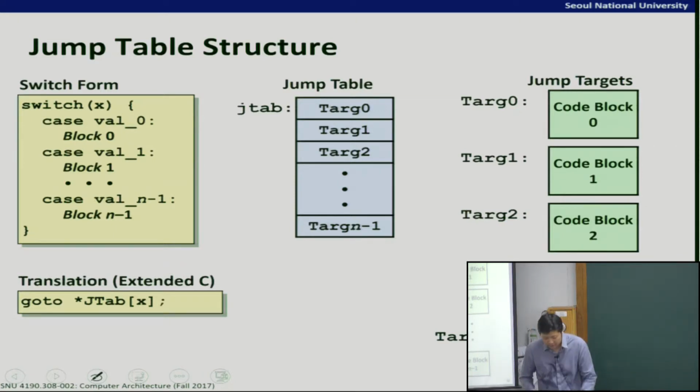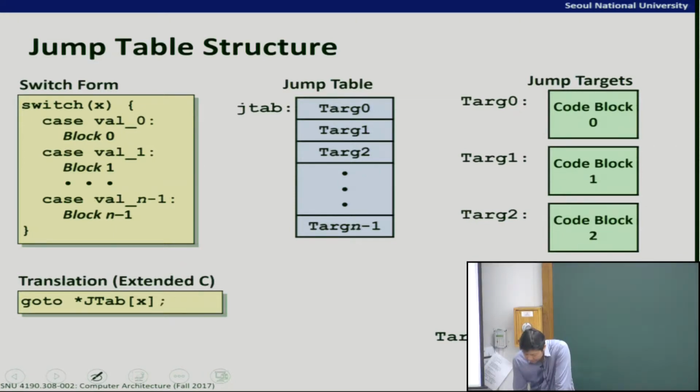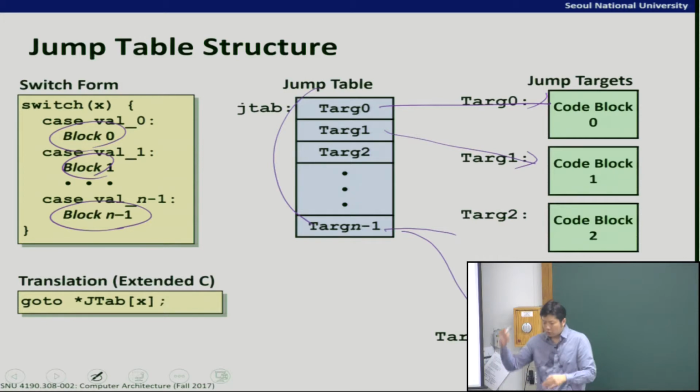Right? So here's what the jump table looks like. Let's say block 0 starts at target 0, block 1 starts at target 1, and block n-1 starts at target n-1, and so on. Then this jump table holds all the addresses of the starting position of each code block.